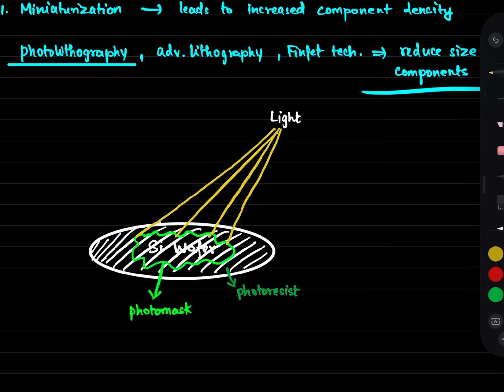So when light falls on this mask, the photoresist material absorbs the light and a certain impression is created on the silicon wafer due to this photo mask. So basically it is the process in which light is allowed to fall on the photo mask, which has the certain desired pattern which we want to impart on the silicon wafer.